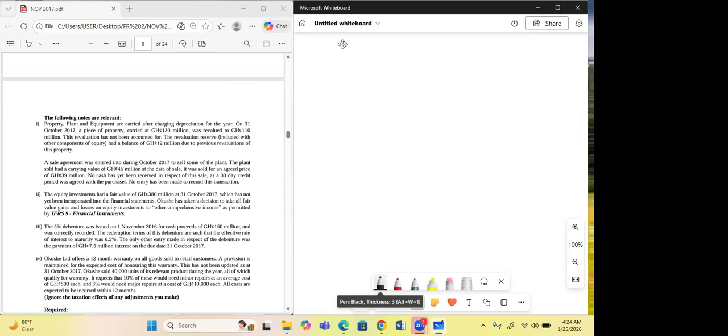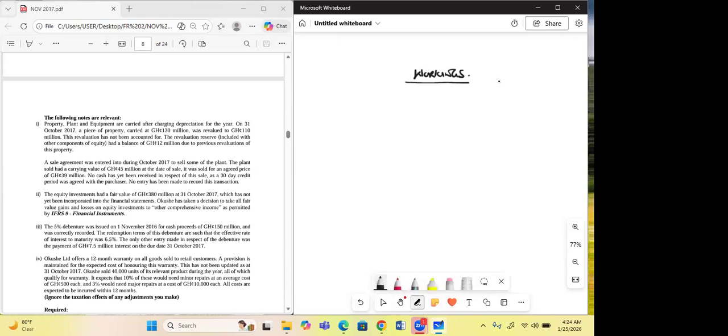Now, on 31st October 2017, a piece of property carried at 130 million Ghana cedis was valued to 110 million. Now, this revaluation has not been accounted for. The revaluation reserve, that is included with other components of equity, had a balance of 12 million Ghana cedi due to previous revaluations of this property.